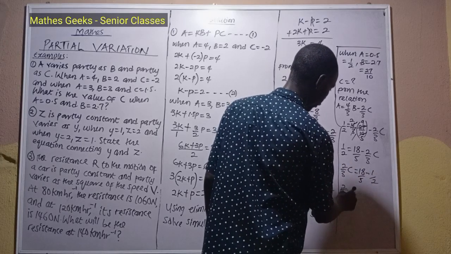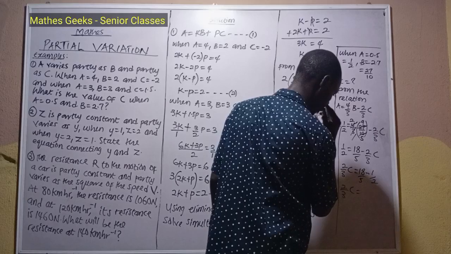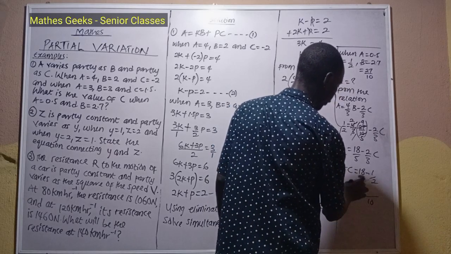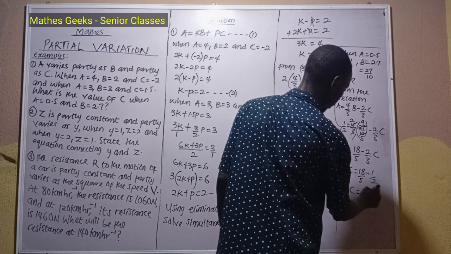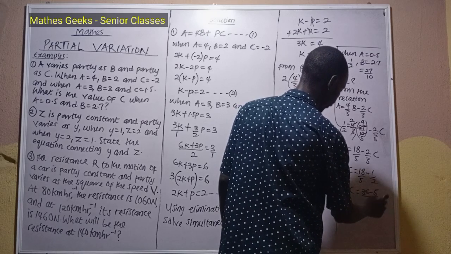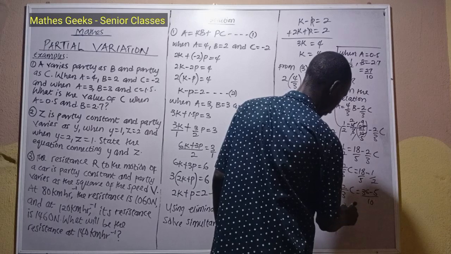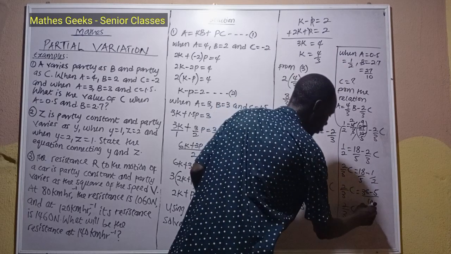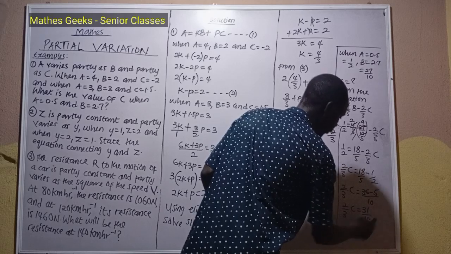2 over 3 C is equal to, LCM of 5 and 2 is 10. 10 into 5 is 2, 2 times 18 is 36. 10 into 2 is 5, 5 times 1 is 5. So 2 over 3 C is equal to 36 minus 5, which is 31 over 10.